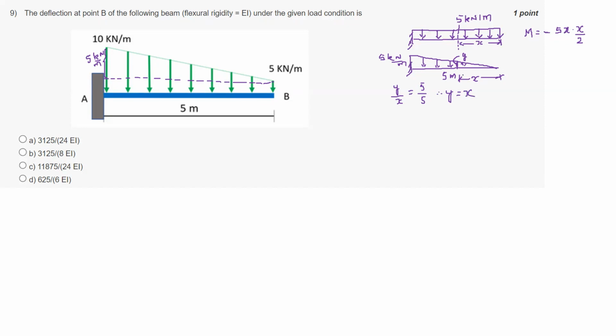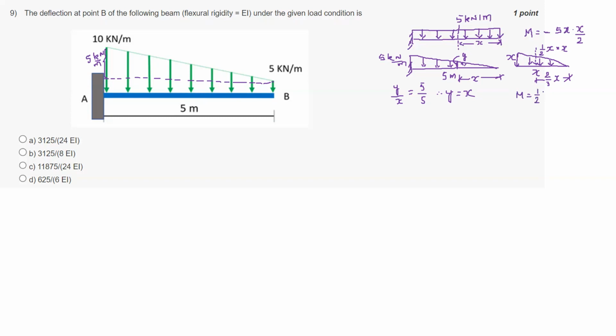Now we have to take the bending moment of this. We have x, and the vertical is y equal to x. The total load is 1/2 base into height, and the centroid is at 2/3 of x from this side.